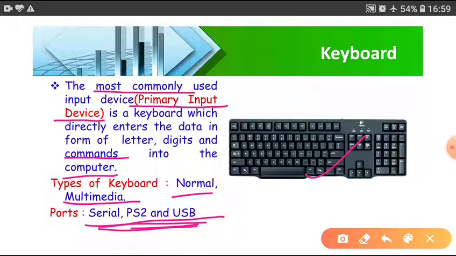Serial port means serial connector, USB connector and PS2 connector. Serial connector is old, PS2 connector is older than USB, and USB keyboard is popular nowadays, but this time wireless keyboard is more popular.